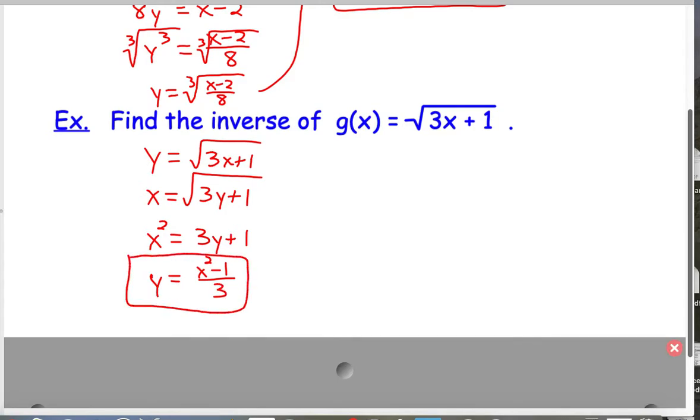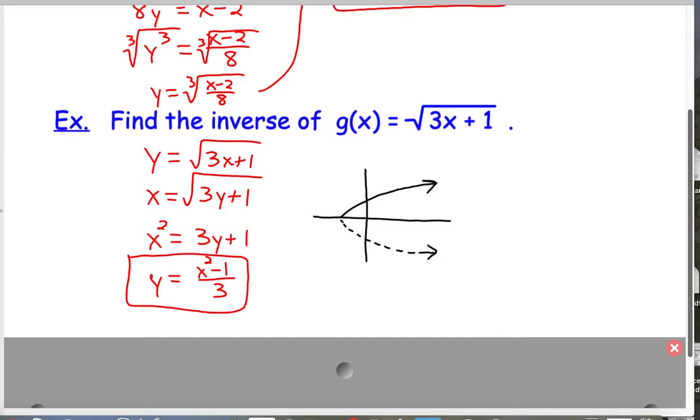Okay, so that's a parabola. Now the original graph, square root of 3x plus 1, is just shifting. Well, it's going to look something like that. And notice we don't have the other part of this parabola, because we're just taking the positive root.